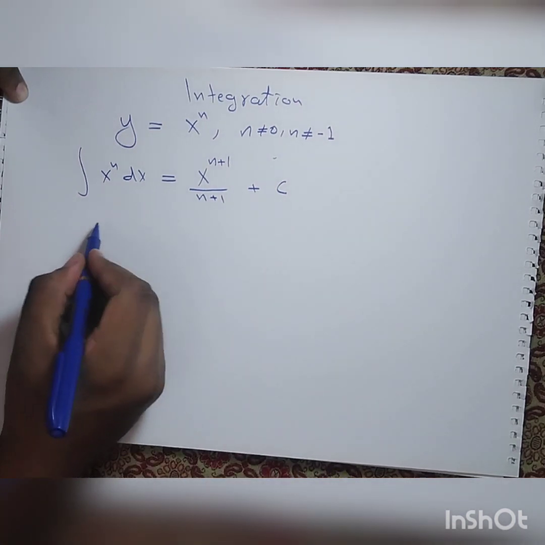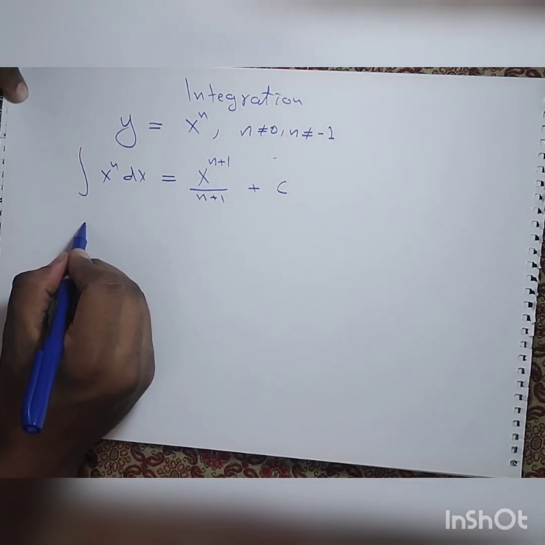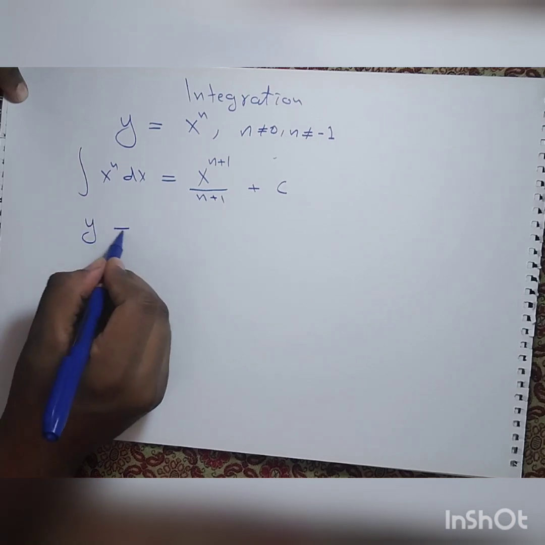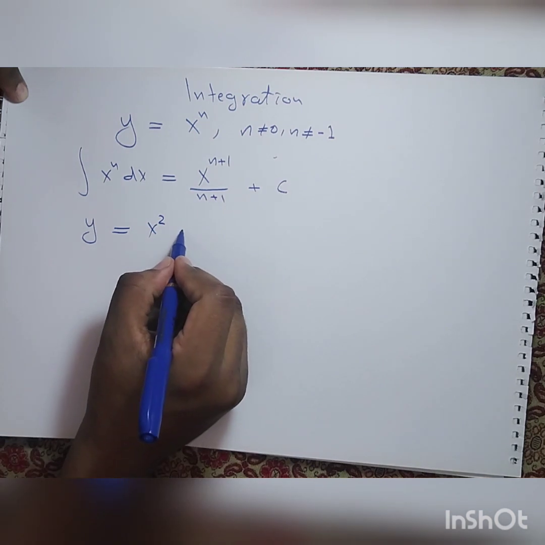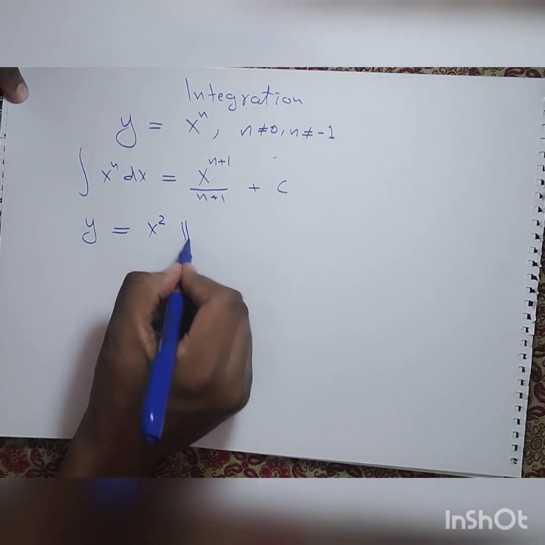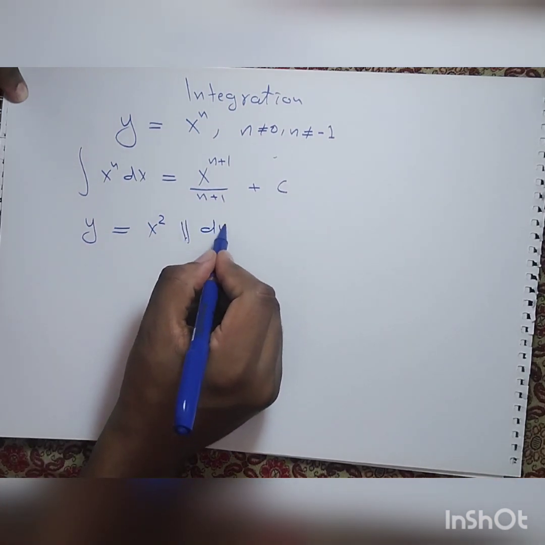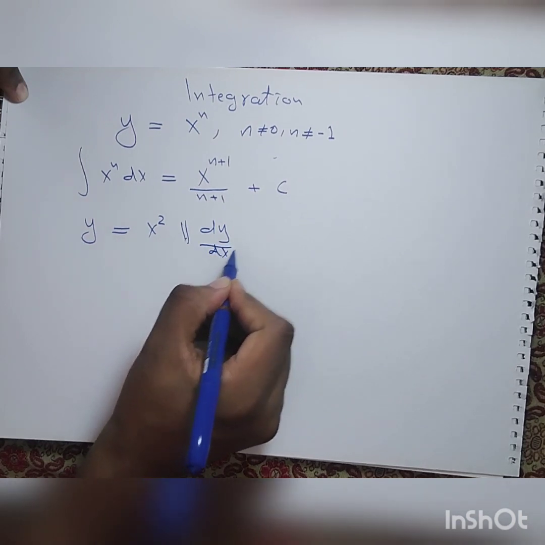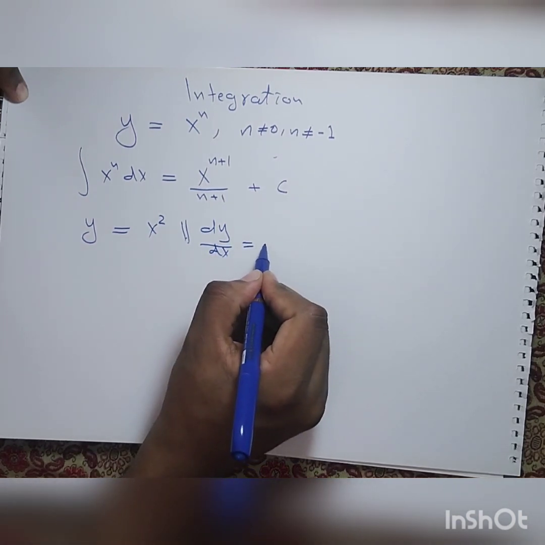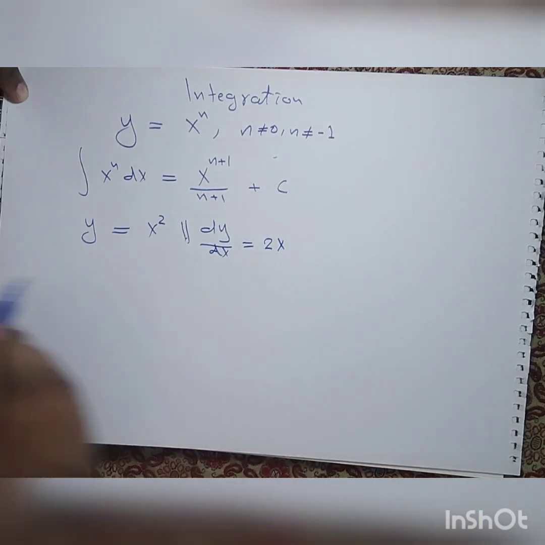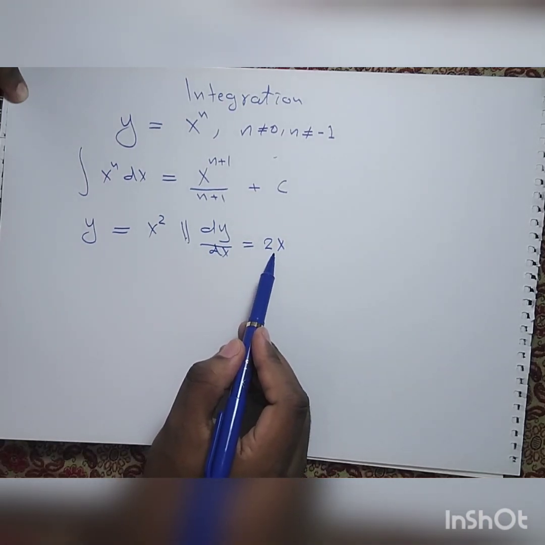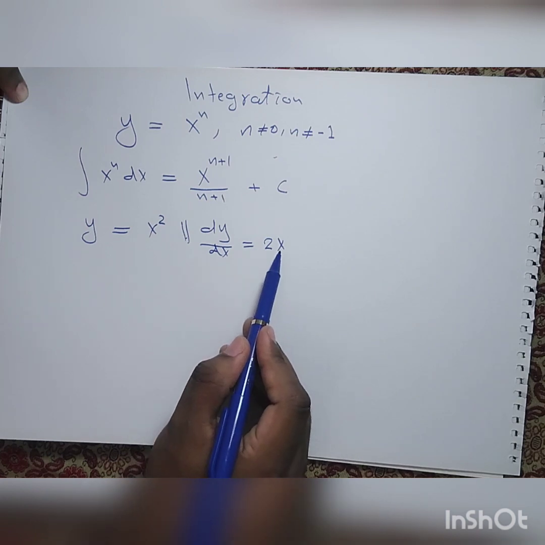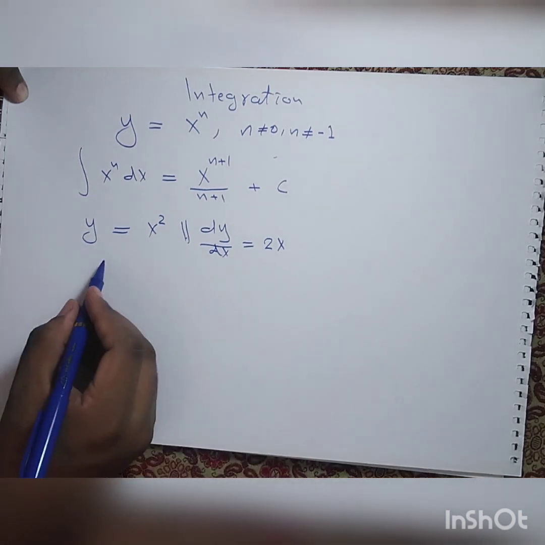So assume that we have y equal to x squared, and then the derivative of this function, dy by dx, is equal to 2x. Now if we integrate this function, which is 2x, let us see what we get.